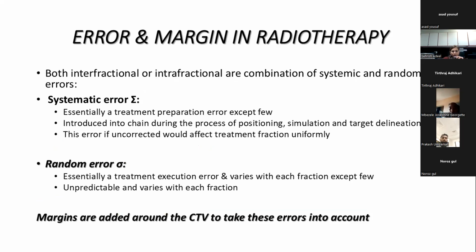I want to explain a little bit about the systemic and random errors, and why they can happen. The systemic errors are essentially treatment preparation errors, except a few of the errors which happen in the treatment delivery. So the majority happen in the treatment preparation.